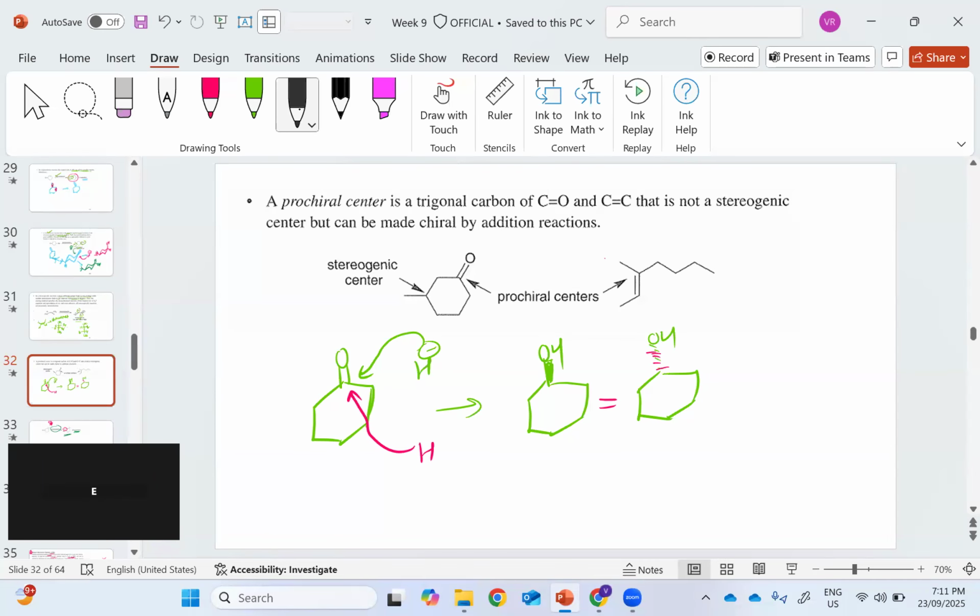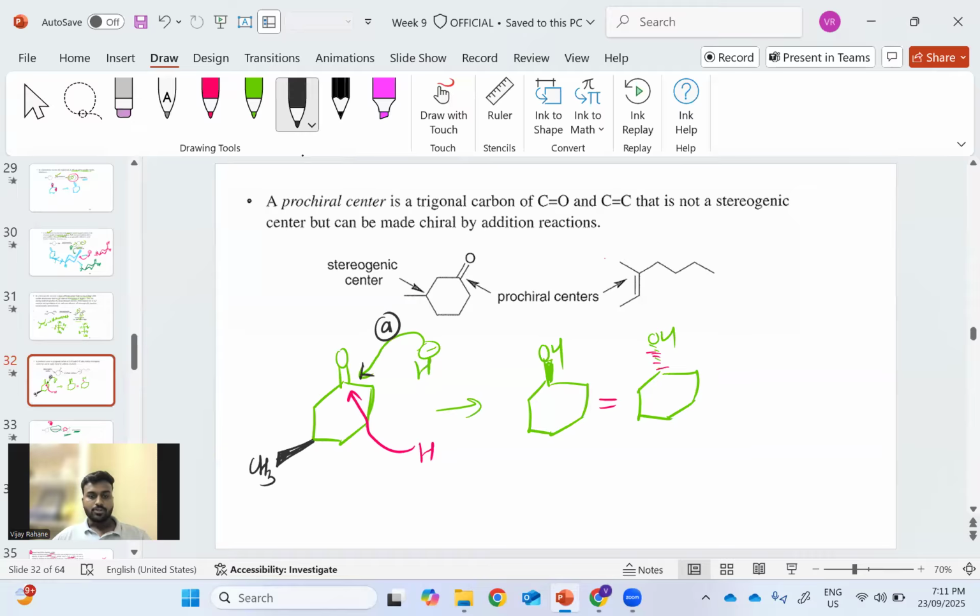But if you have a substituent, let's say here a methyl group which is directing down, which is beta directing, then the products we get by attack in these two manners differ. Let's say we consider attack from the bottom side. At that time, we get the beta-directing alcohol, and the stereochemistry of the methyl side group remains the same. Another possibility is attack from the top side.